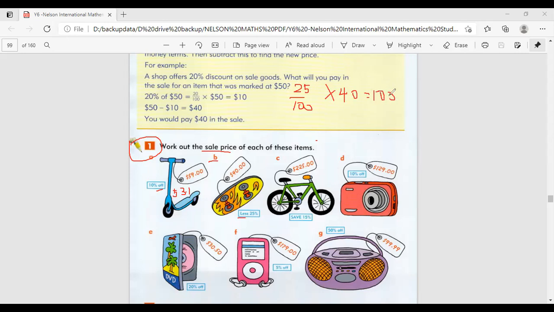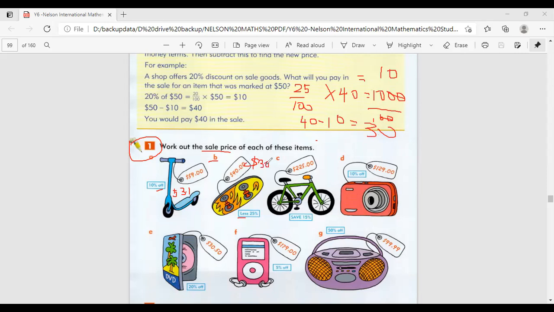So we have two zeros in 100, so cancel and cancel. So the answer is $10. So 40 minus 10 is 30. So the new price for this one now is $30.